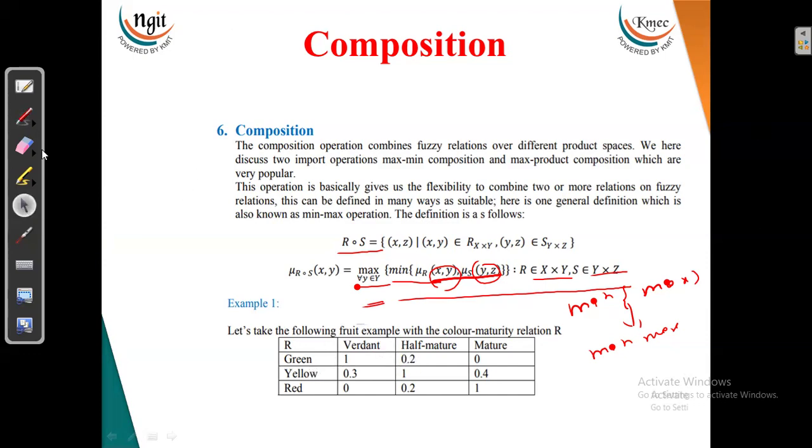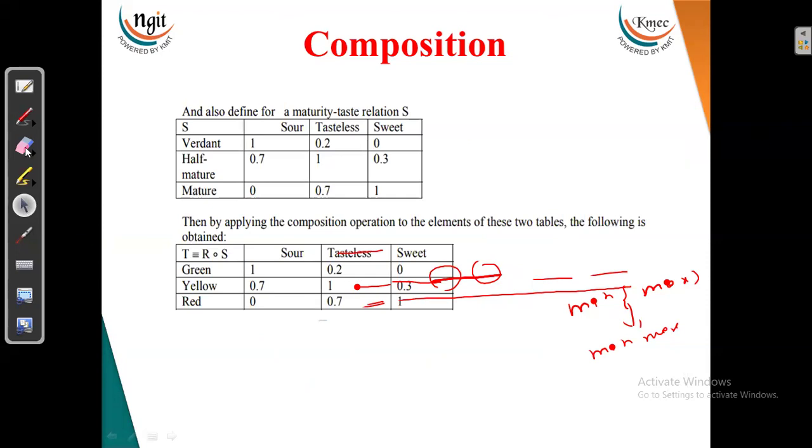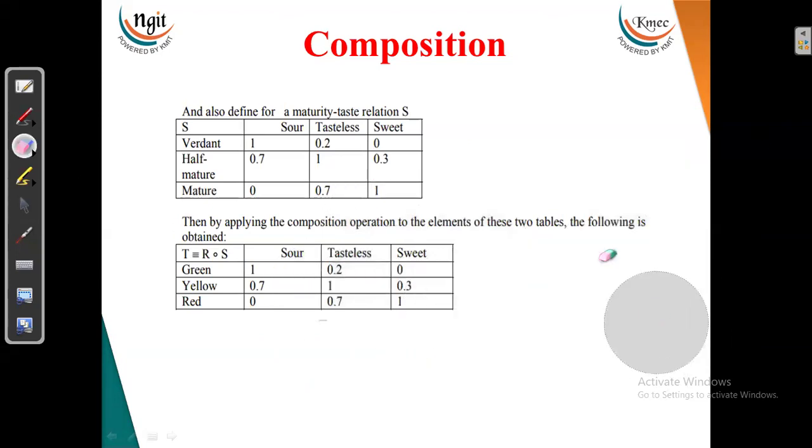For the next one, one more relation: on this side we had green, half mature, verdant, and I'm writing some values. Now I'm taking verdant here and telling taste.